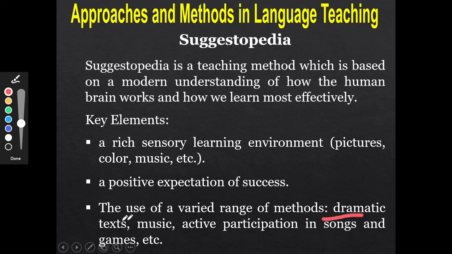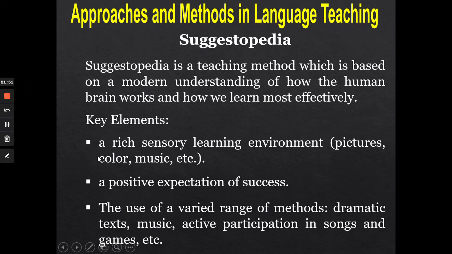Look at this, songs and games. It's nice. You might have a nice class if you use suggestopedia, but not for you. If I'm talking to you, if you are assigned in the armed forces to teach English, you will be using what? You remember? You will be using the Audiolingual Method. Don't lose track of it.